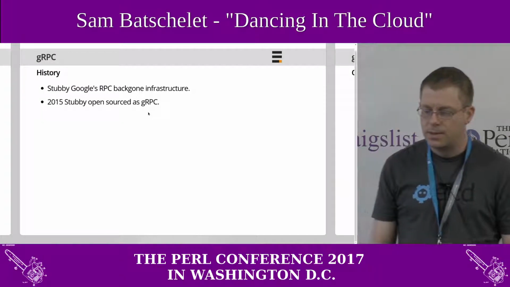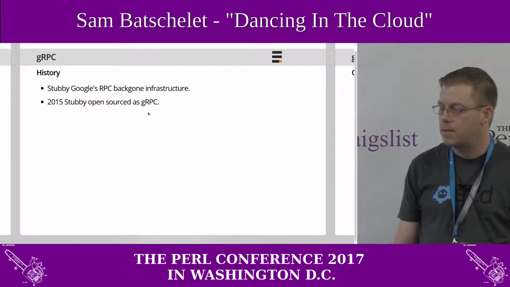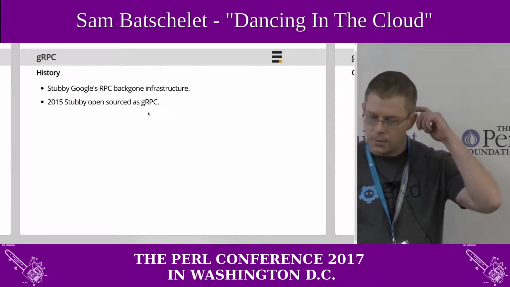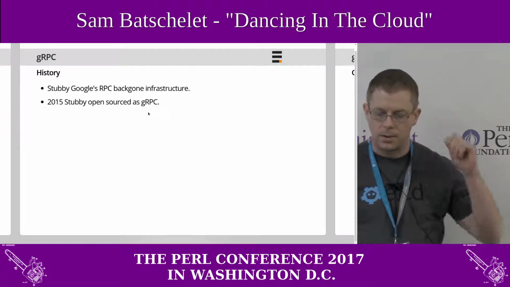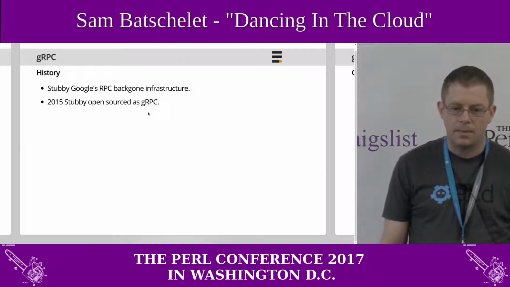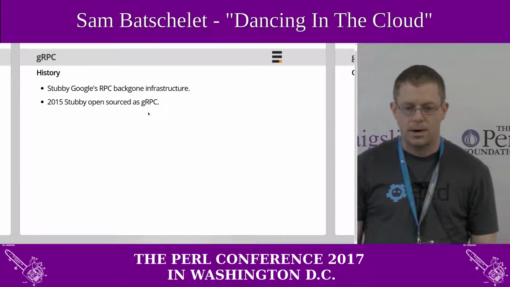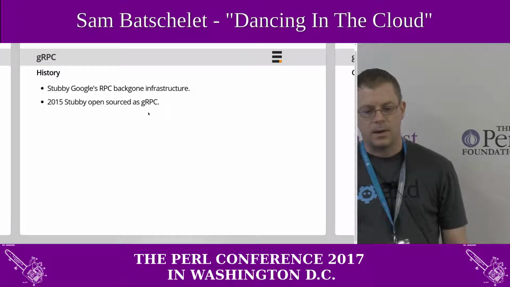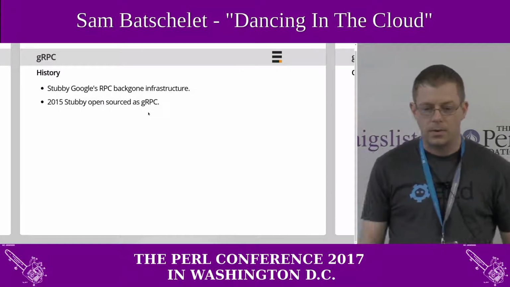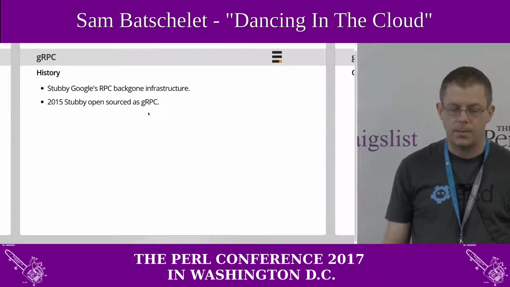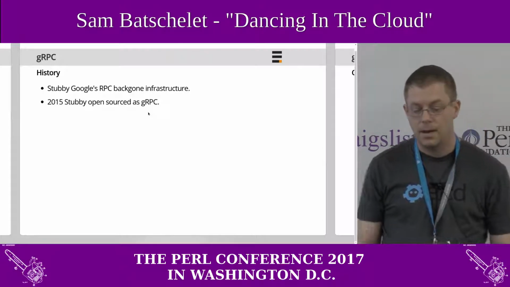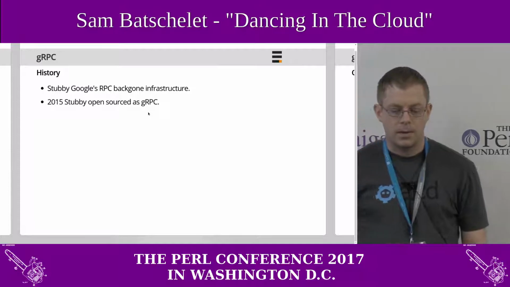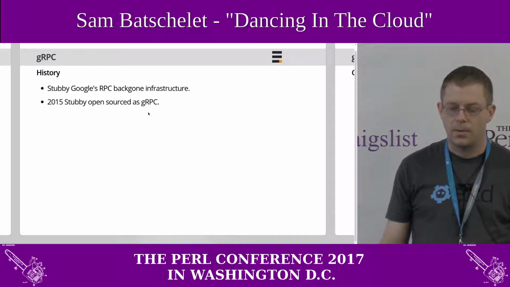Okay, so gRPC. gRPC is the successor of what Google had internally called Stubby. Stubby was an in-house RPC, and basically it was the glue for all of their container orchestration through Borg.